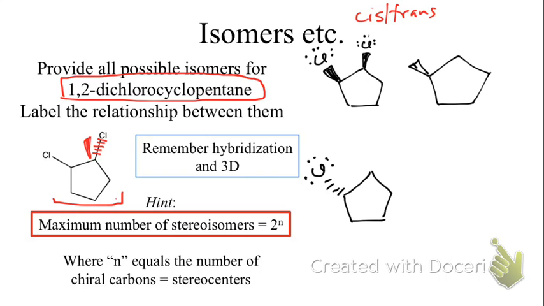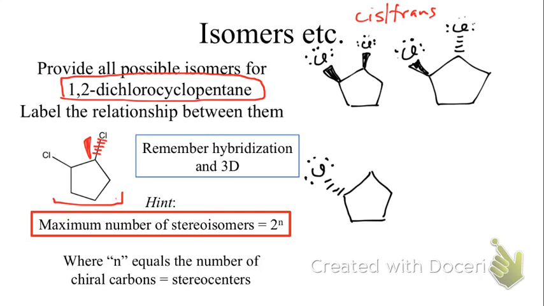So the first one, I'm going to leave as the wedge, and then I'll go through and show that other chlorine as dashed. But remember, I also have the possibility of my initial chlorine being dashed.